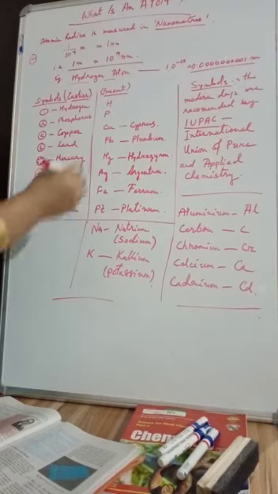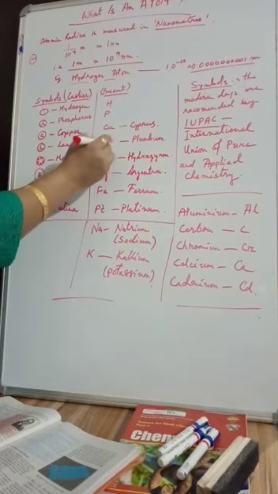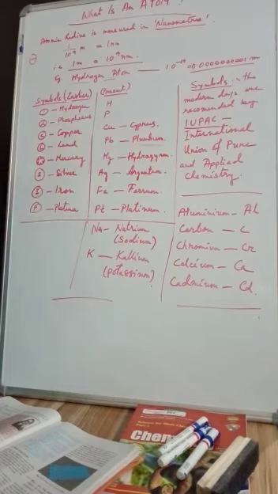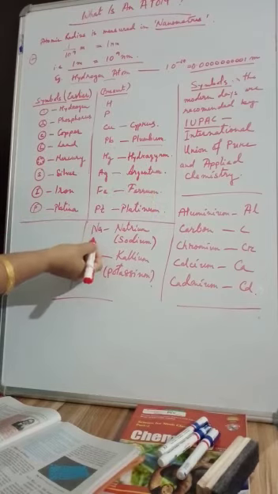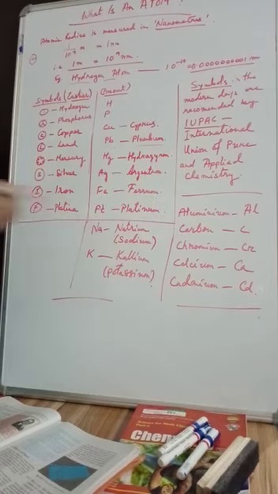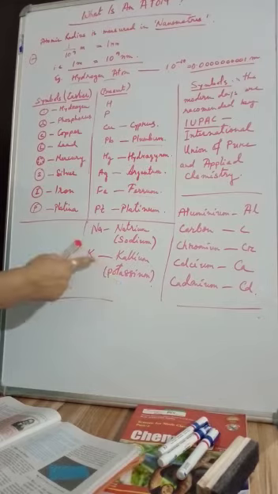Lead, we do not write Le, we write Pb, from the Latin name plumbum. Iron is Fe, we do not write I, it is derived from the Latin name ferrum. Sodium, the Latin name is natrium, so we write Na. Potassium, the Latin name is kalium, we write K. So various elements have their symbols from their Latin names.